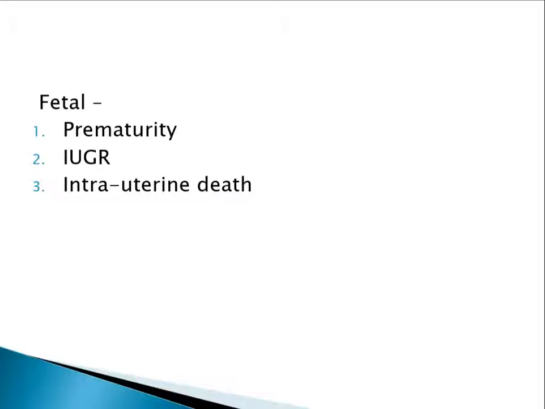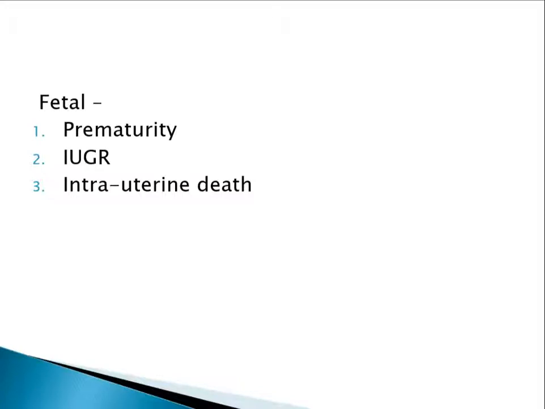So less nutrients and less oxygen reach the fetus, and fetal growth is not up to the mark. Fetal weight is very much less. Then intrauterine death. Sometimes when the hypoxia becomes chronic and extreme, intrauterine death of the fetus also can occur. So these are the complications in the fetus.